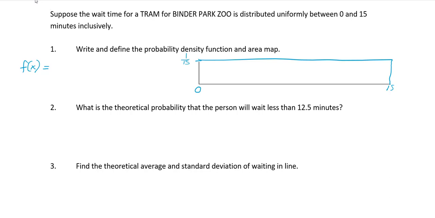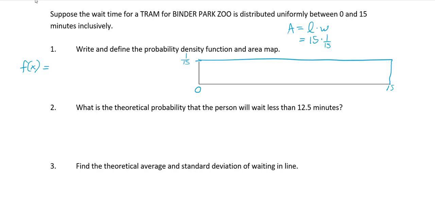Okay, now, I think sometimes people get confused as to why this denominator is the same as this length over here. Well, if you have the area of any rectangle, it's either length times width, or you can call it length times height. So to find this area, we would take the length of this rectangle, which is from 0 to 15, which is 15, and then we would take the width of this rectangle, which also you could call a height here, and the height is going to be 1/15.